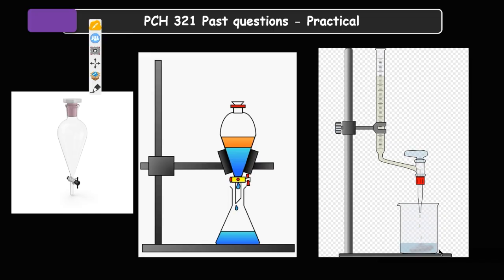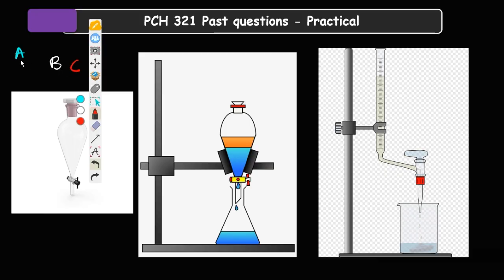Let's say you have substance A, and you have two solvents, B and C. Now, if substance A is soluble in B to a high degree, but it's also soluble in C a little, but not to a high degree, and B and C are immiscible.